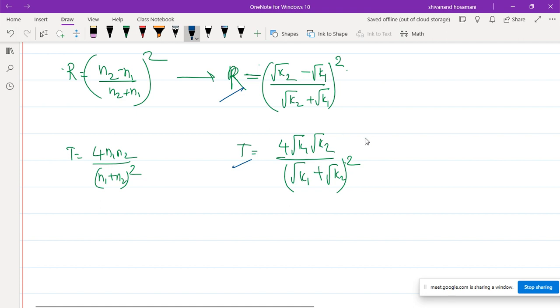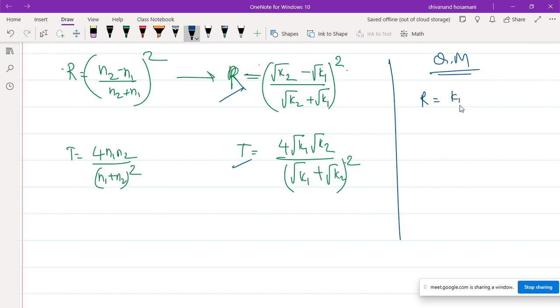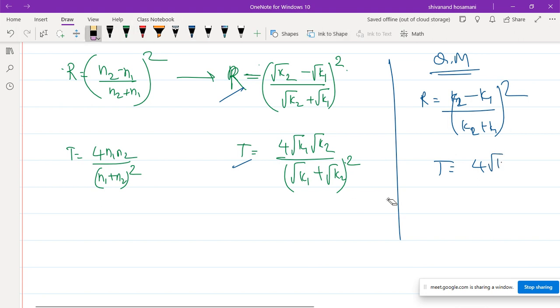Here k1 and k2 are dielectric constants. In quantum mechanics, k1 and k2 are energy terms, k vectors now. There, r is written as k1 minus k2, or k2 minus k1, divided by k2 plus k1 whole square. The method is the same, but the formula is a little different, meaning the terms are different. There is no root over; here we directly write k1 and k2, which are momentum parts, and T is k1 k2 divided by k1 plus k2 whole square.